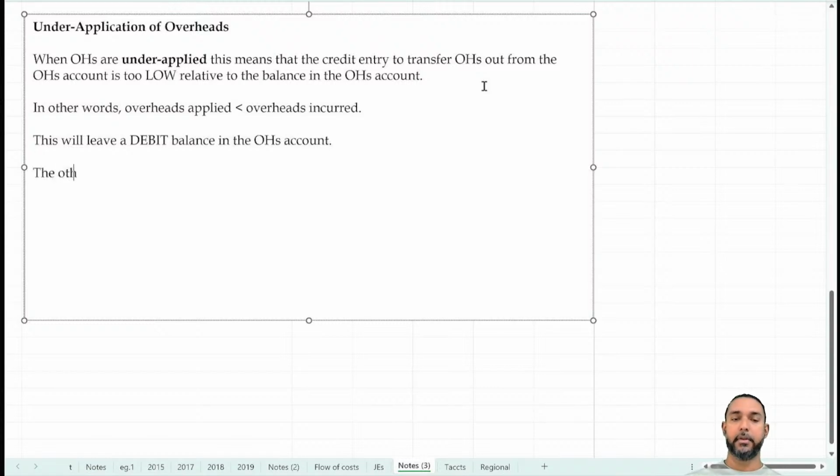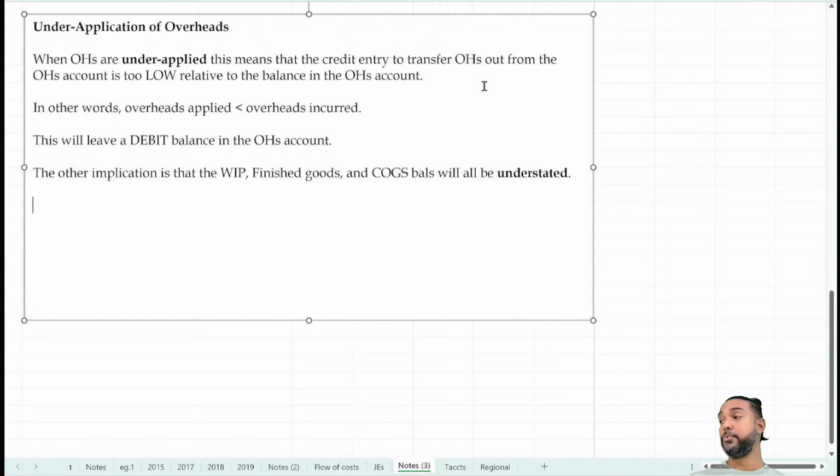The other implication is that the work in process, finished goods and cost of goods sold balances will all be understated. In other words, they'll all be too low.